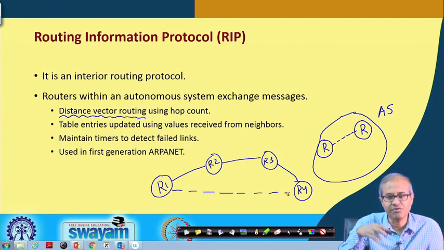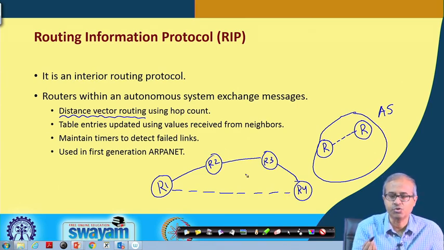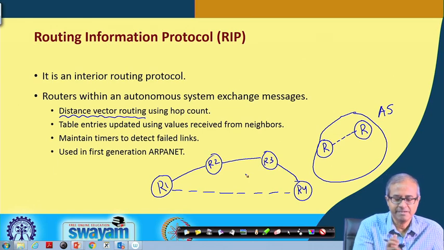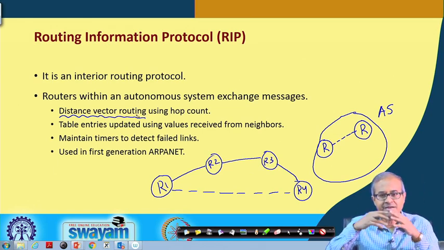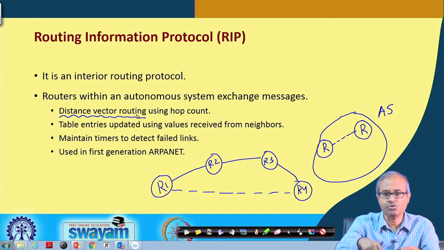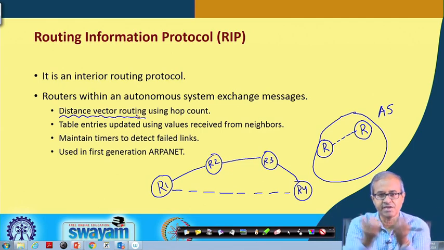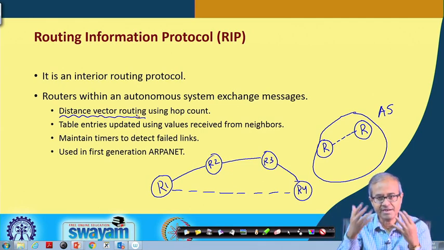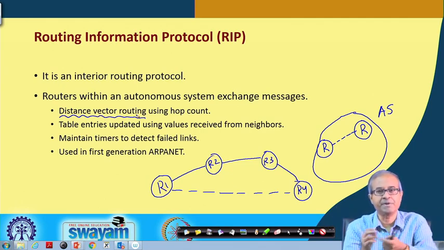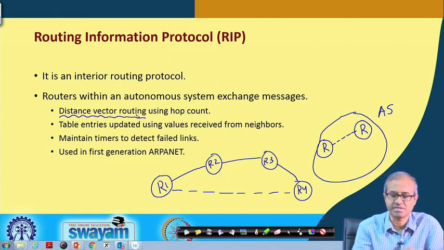So, that 3 will get updated to 1. Now, R1 and R4 are directly connected. Similarly, if one of the links goes down, these values will change. Distance vector routing sends the distances to all routers, whatever information I have, to all the other routers, and everyone collects all the information they receive, and in a consolidated way they update their routing tables. This is what is done here.